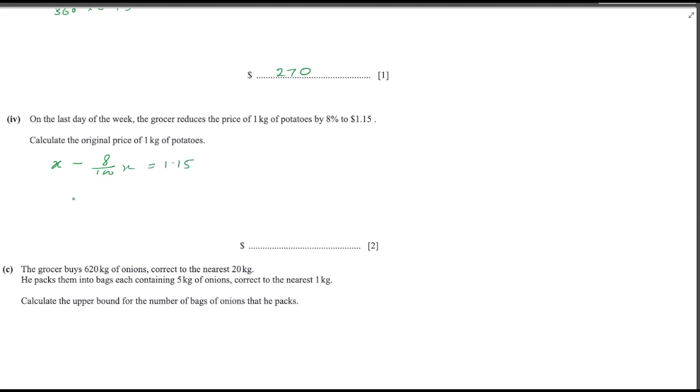So here 100 minus 8 is 92, so 92 divided by 100 times x is 1.15. Therefore x is 1.15 times 100 divided by 92. So 1.15 times 100 divided by 92 will be 1.25.